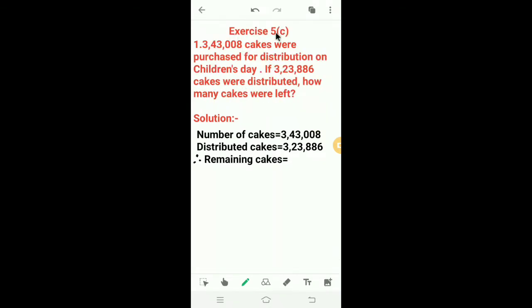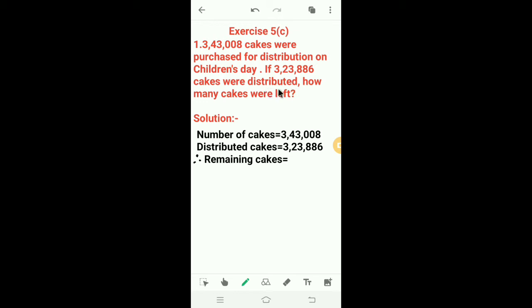Let's solve exercise 5C. 3,43,008 cakes were purchased for distribution on Children's Day. If 3,23,886 cakes were distributed, how many cakes were left?